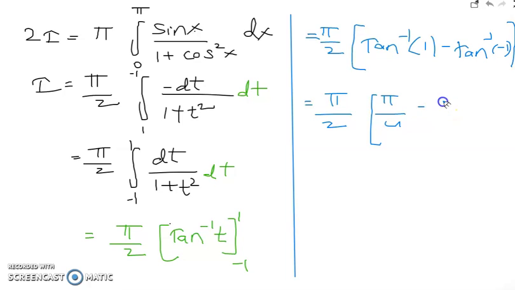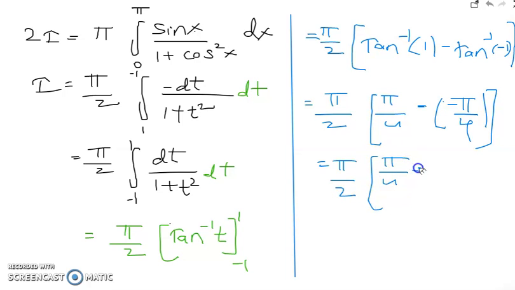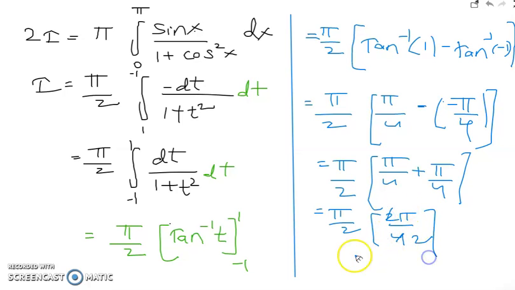In the same way, tan inverse of minus 1 is minus pi by 4, same, 45 degrees. Pi by 2, minus into minus is plus. Pi by 4 plus pi by 4. What will we get? Pi by 2 into 2 pi by 4, which gives pi by 2. Pi by 2 into pi by 2, pi square by 4. This is the answer, right? Pi square by 4 is the answer for the entire question.